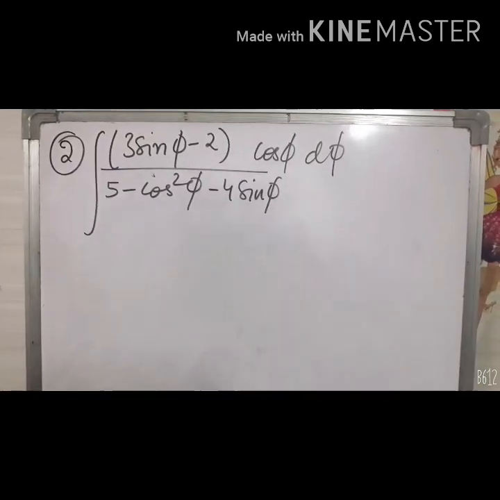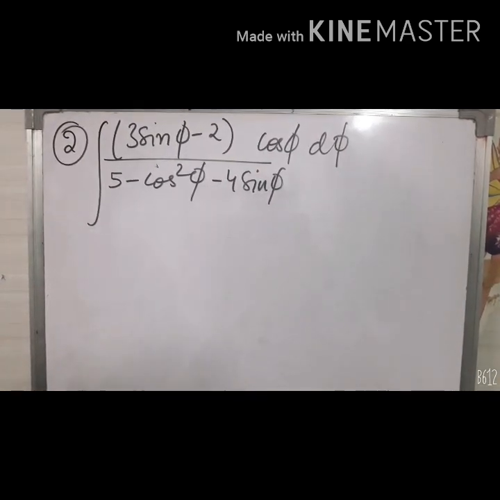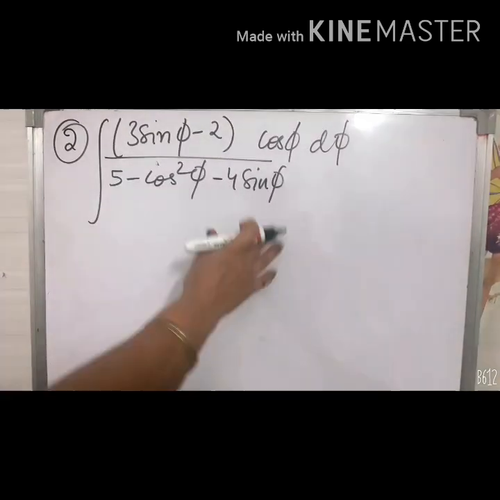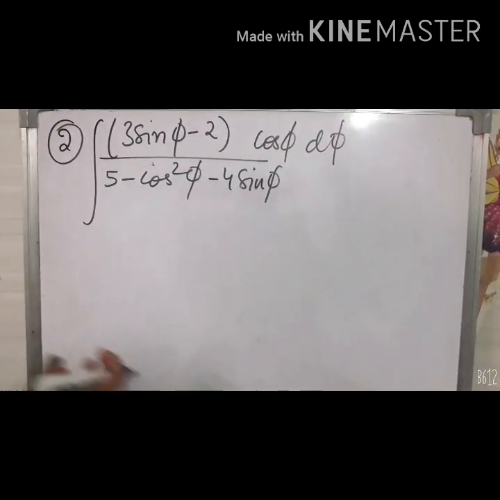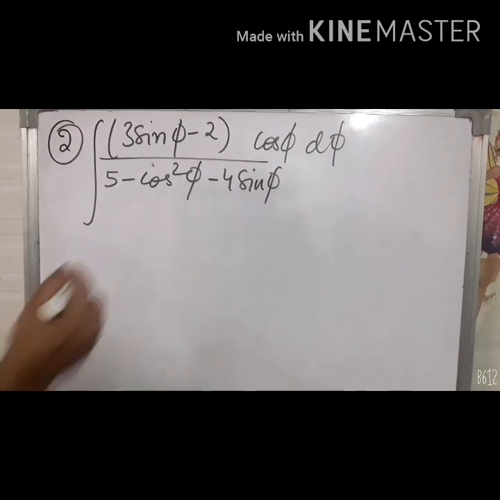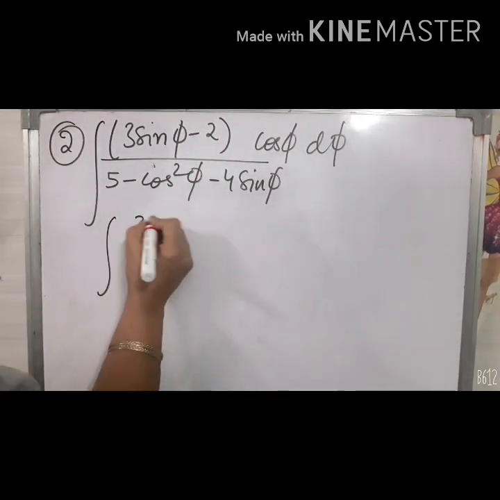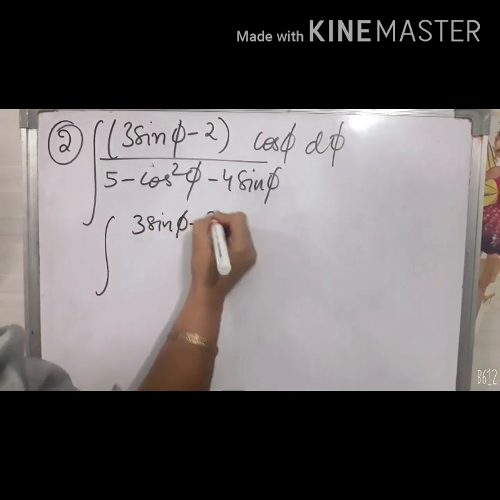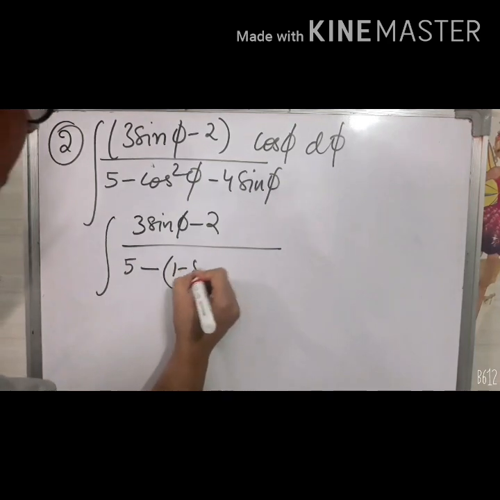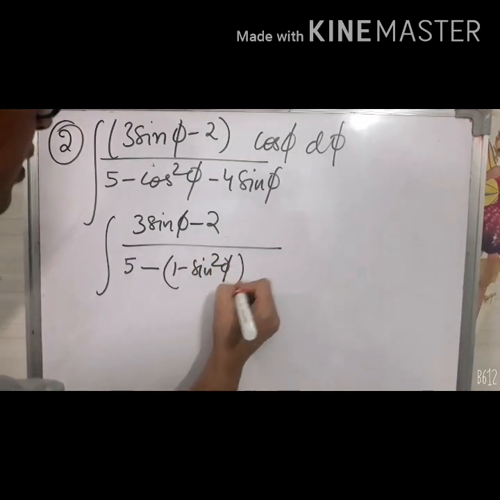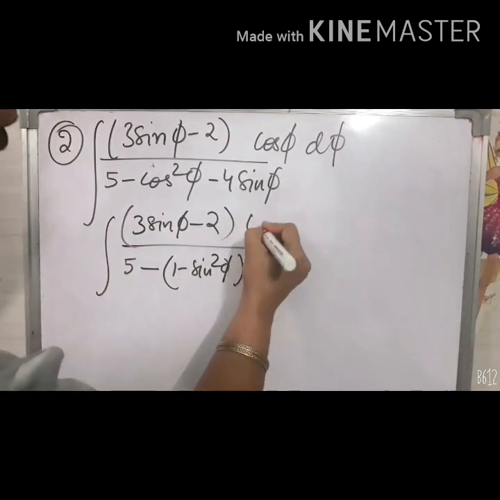Question number 2 is 3 sin phi minus 2 by 5 minus cos square phi minus 4 sin phi into cos phi d phi. Naturally, looking at the question, you will understand that we need to substitute first. So I will do one thing: see here, in place of 5 minus cos square phi, I am putting like this, minus 4 sin phi, then into cos phi.